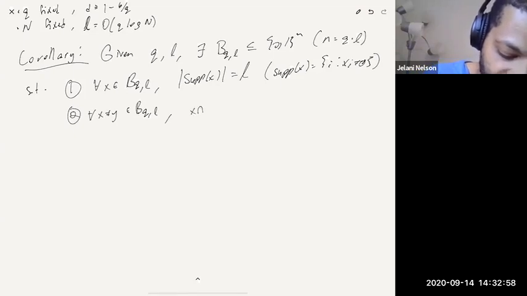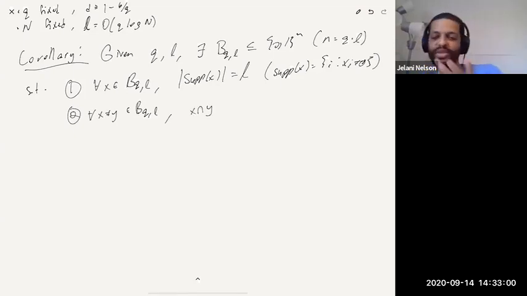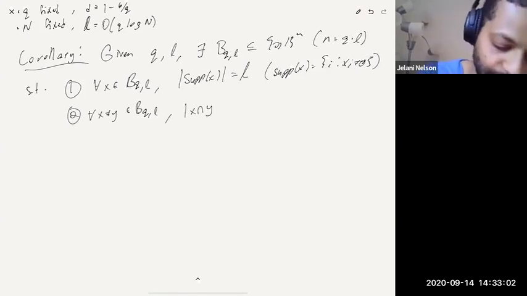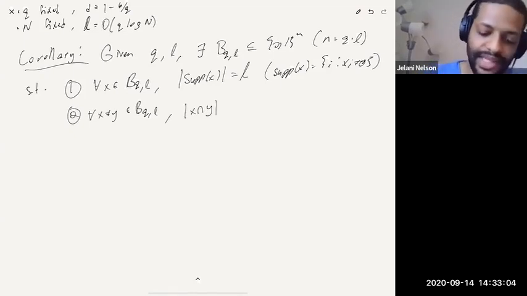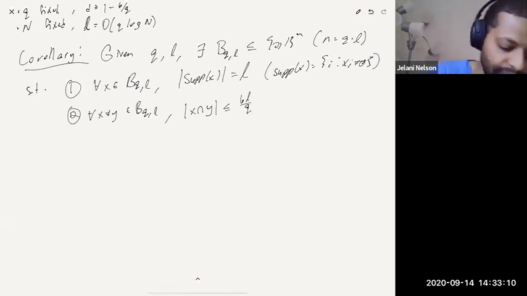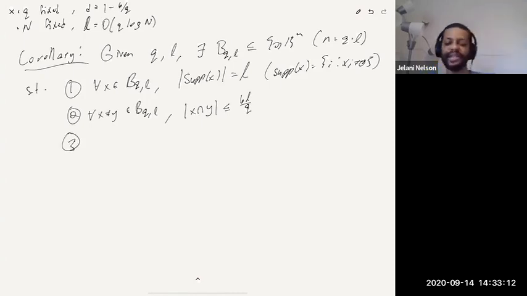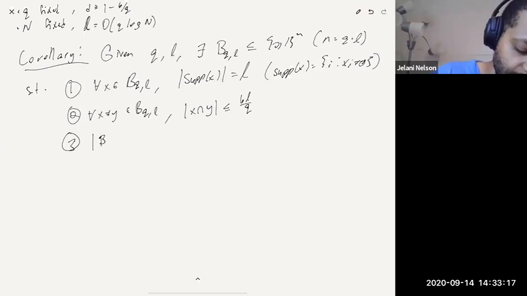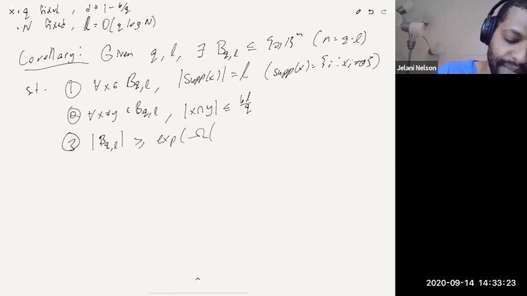X intersect y, those are the 1 bits they have in common, is at most 6L over Q. And 3, lastly, I want to say that this B is large. The size of B is at least exp of omega, I think I want to say, L over Q.